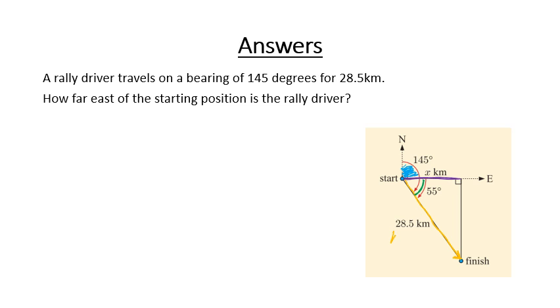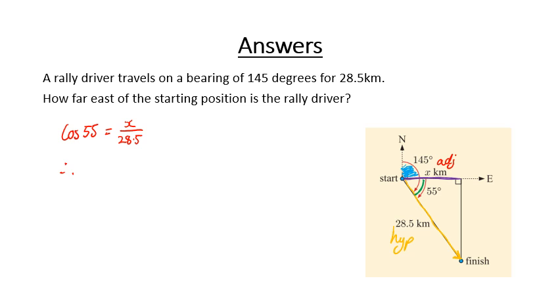We have our hypotenuse, and we're trying to find our adjacent, so we can just use our cosine. We know our angle is 55, so the cosine of 55 degrees is equal to our adjacent, which is x, over our hypotenuse, which is 28.5.